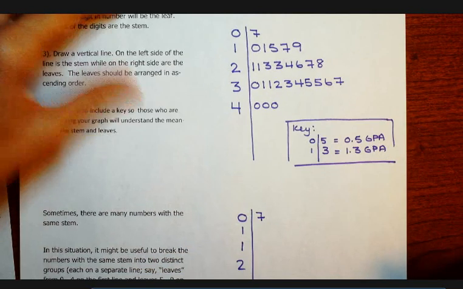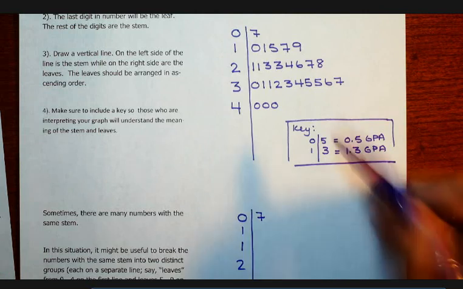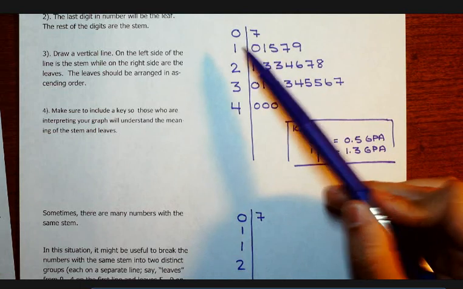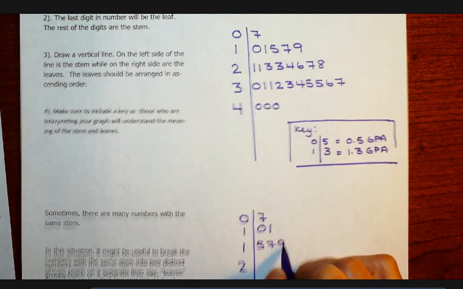We could break this up into 0 to 4 goes in the first group, and then 5 to 9 goes in the next group. So if I want to split this stem, 0 and 1 would go in the first one, then 5, 7, 9 would go in the next one.